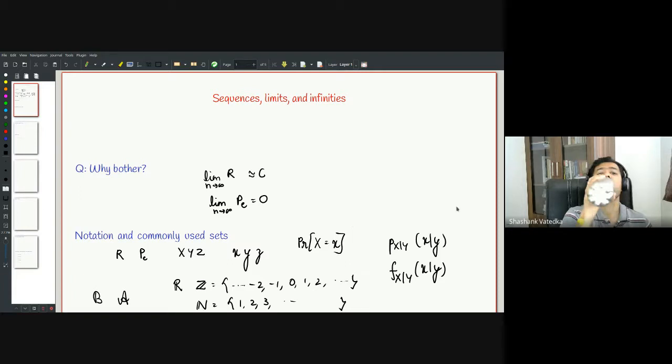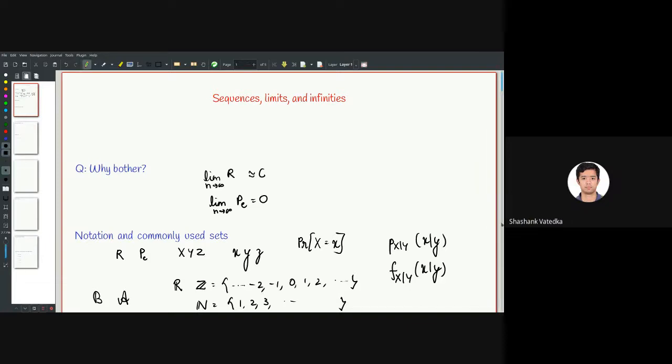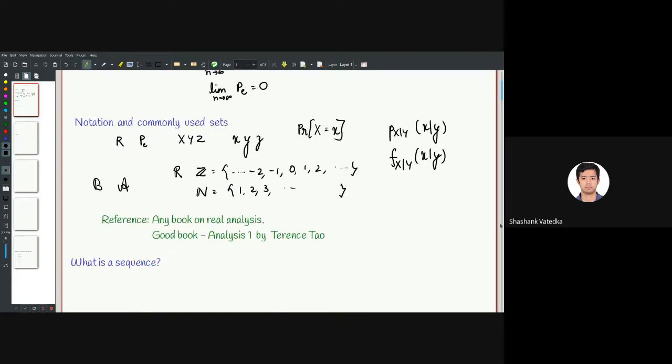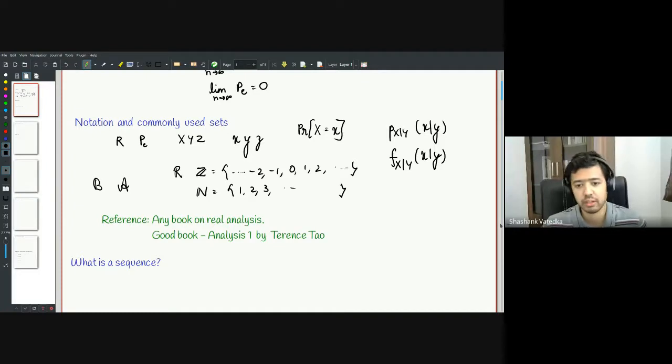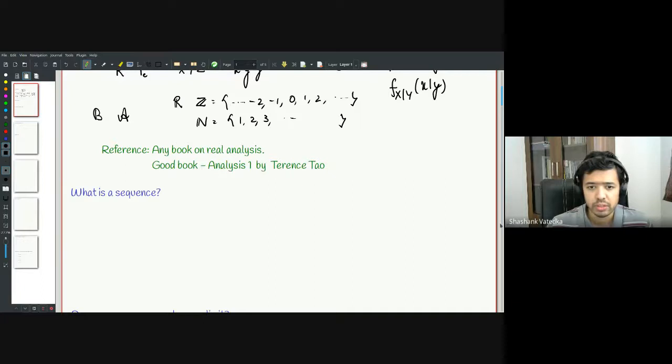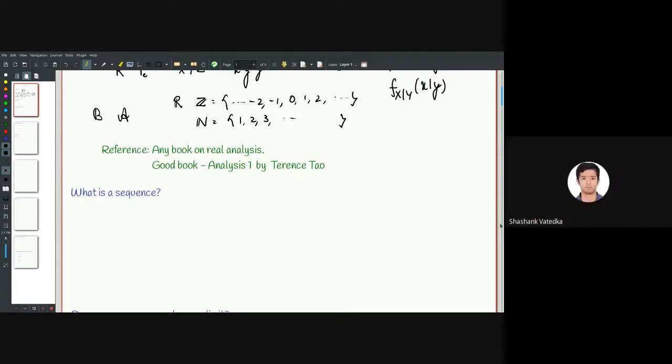So these are all, of course, basic concepts which you have seen in previous classes, but perhaps not with that amount of carefulness you might have studied. Generally these topics are covered in any graduate level course on real analysis, and if you are interested in exploring more, then you can pick up any book on real analysis and go through that.